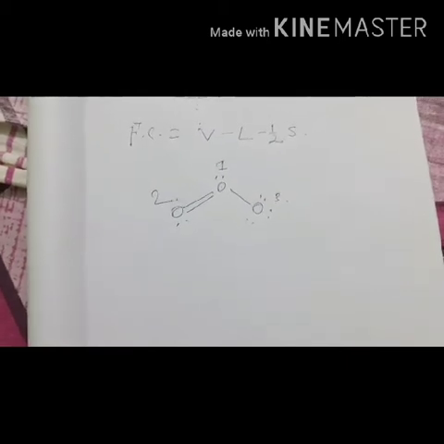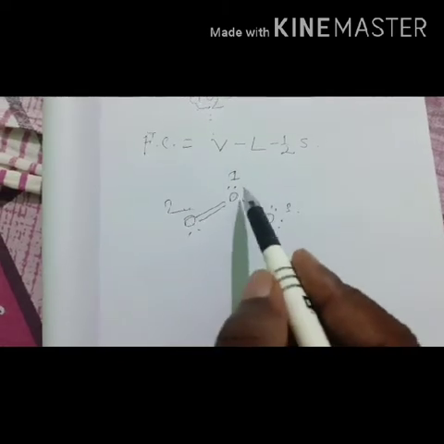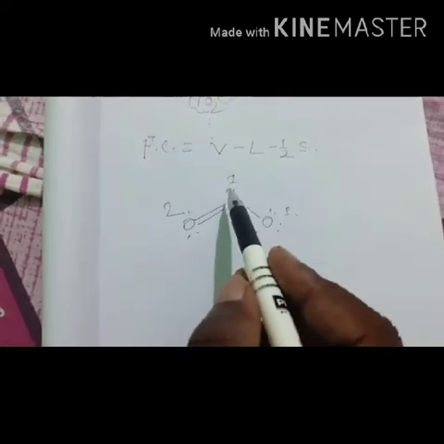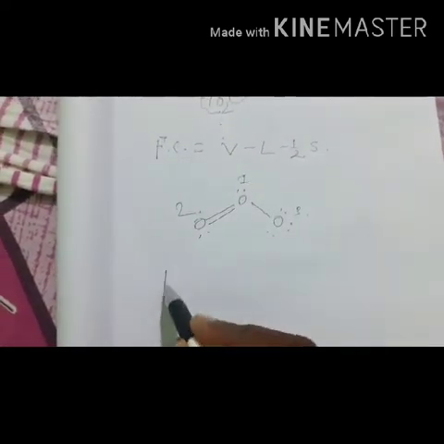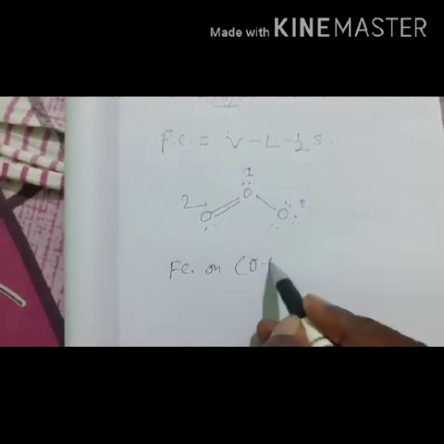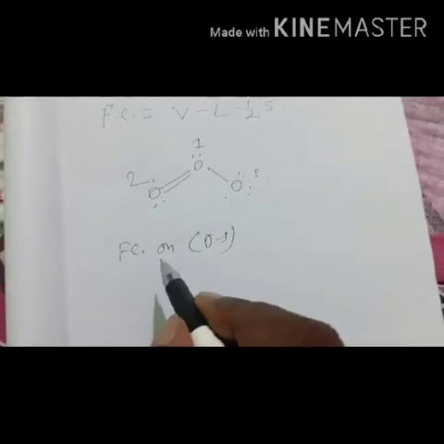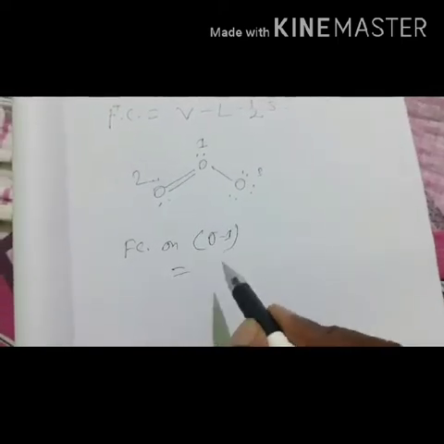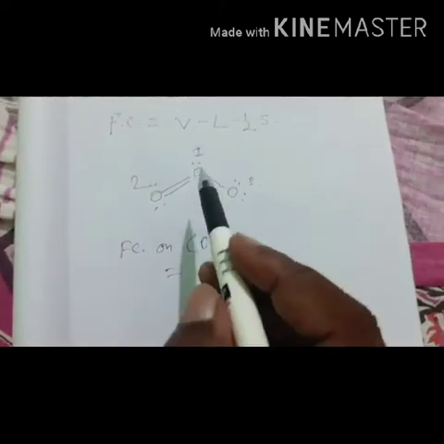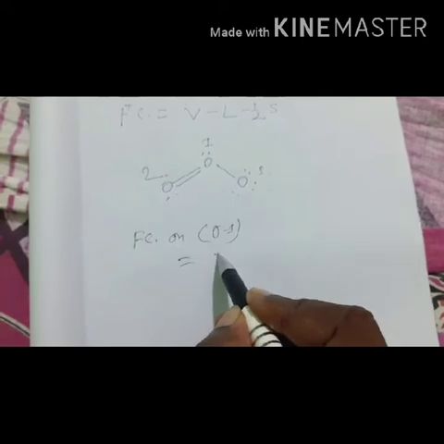Let us take the central oxygen atom, marked as 1. What will be its formal charge? The valence electrons in the free state: oxygen has 6 electrons in its valence shell.